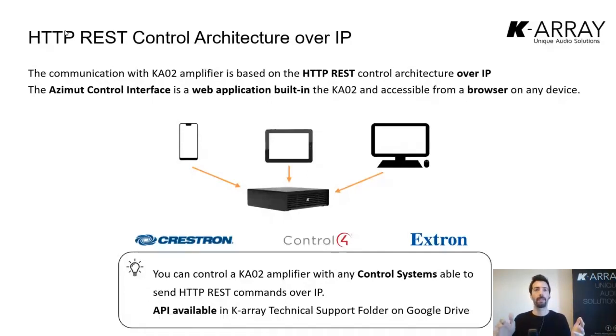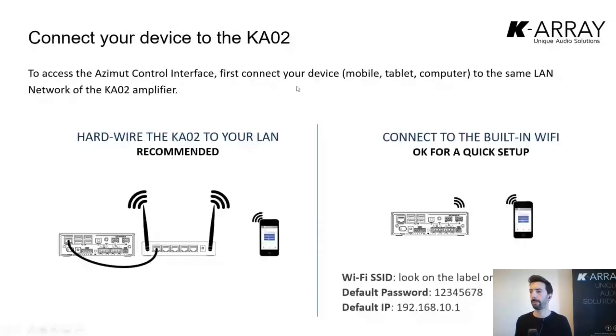Okay. It's time to open this web page and explore all the functions available on the amplifier. So what do you have to do? Of course, your computer or your phone or your Crestron, whatever, must be connected with the amplifier. Connected means that it must be in the same local network as the amplifier.